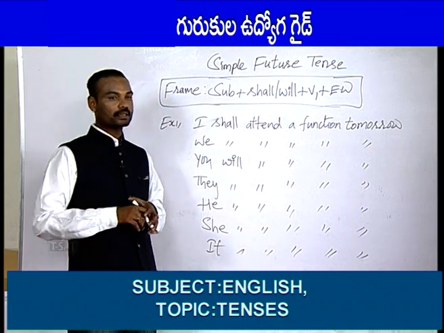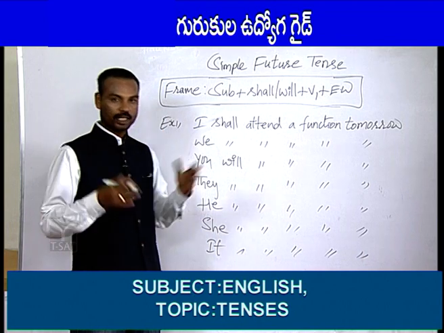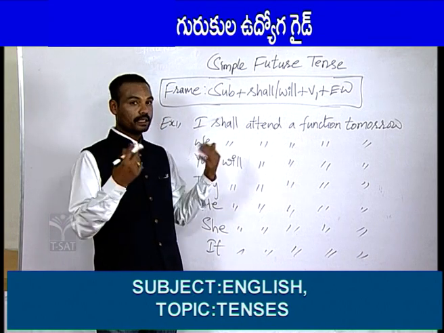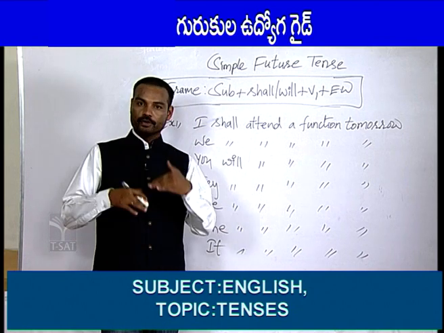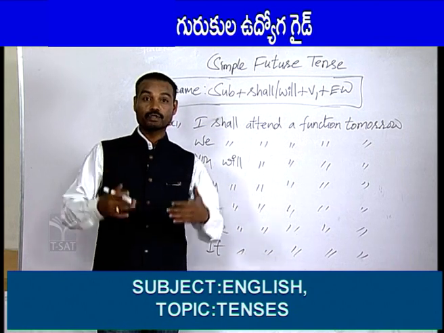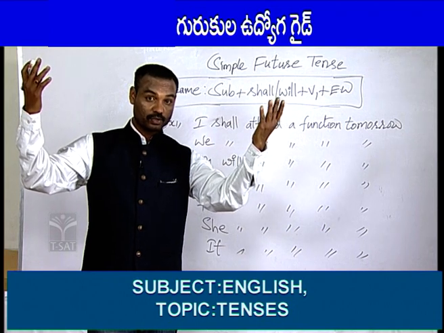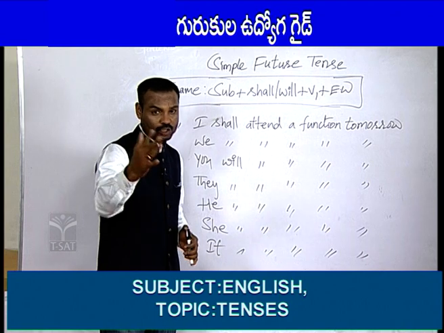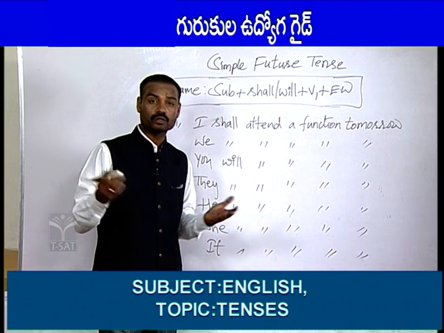If you do not understand that definition of simple future, let me give you a very short and sweet explanation about simple future tense. Some students think future means after 10 years or after 100 years. No, who told you that future means after 10 years or 100 years? The next moment whatever you are going to do, that is also called future.